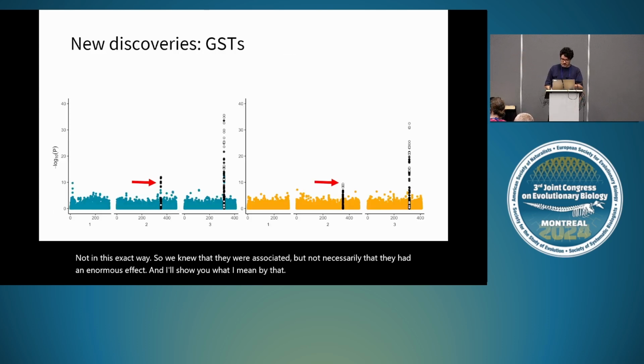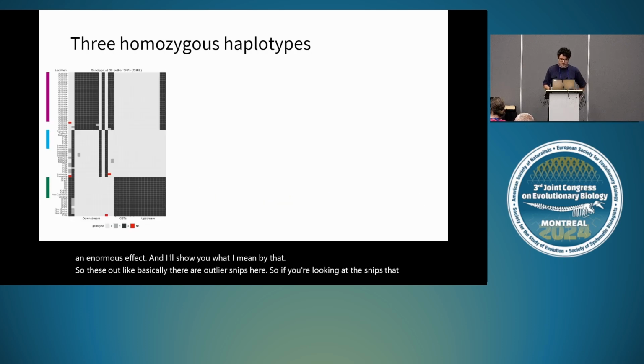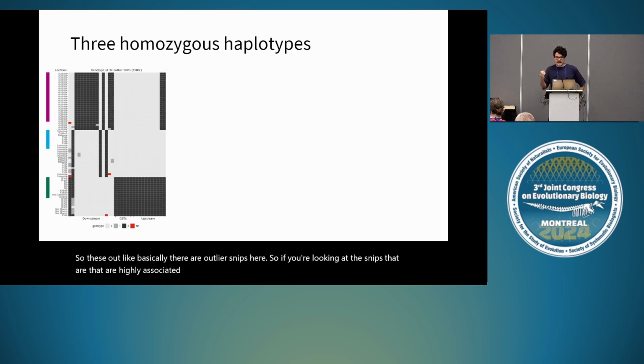So there are outlier SNPs here. If you're looking at the SNPs that are highly associated, looking just directly at those genotypes, and that's what you see in these rows here, there are individuals found across multiple populations that have identical homozygous genotypes at every single one of those outlier SNPs. And I've colored those in blue and green and purple there.